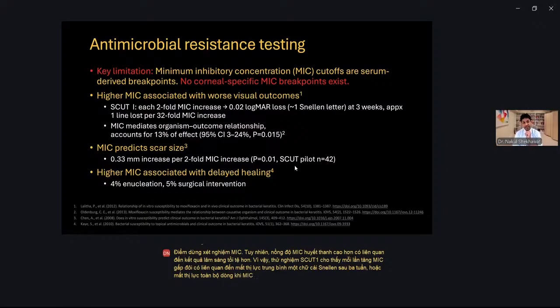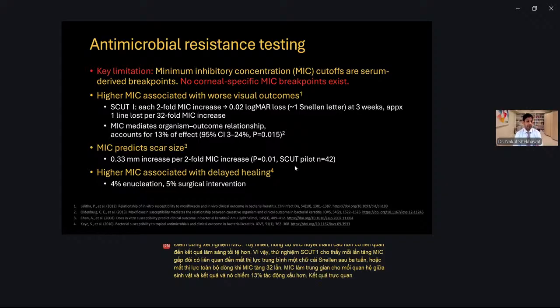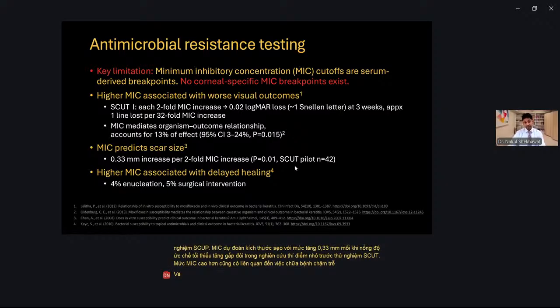MIC does mediate the organism to outcome relationship, and it accounts for 13% of the effect in terms of worse visual outcomes in the SCUT trial. MIC does predict scar size with a 0.33 millimeter increase per every twofold increase in the minimum inhibitory concentration in a small pilot study that preceded the SCUT trial. Higher MIC levels are also associated with delayed healing and a 4% risk of enucleation and 5% risk of surgical intervention.